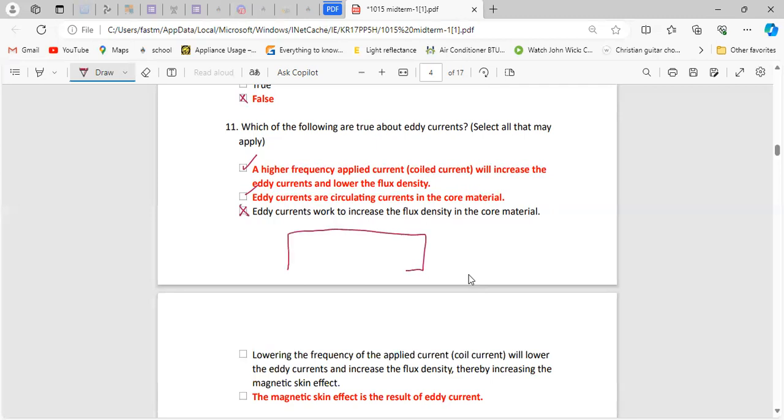Yeah, because I'll put everything together now, right? Remember the magnetic skin effect, the flux was outside the material, right? Majority of the flux density was outside. Eddy currents, most of the time, are generated in the center, right? These loops. And look at that, everything comes full circle. Now you're actually seeing it.